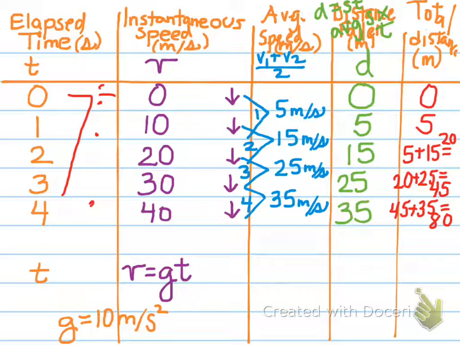Okay? So to figure out my total distance, my distance I've fallen is going to be 1/2 g t squared. So to check that, let's take time 3 seconds.